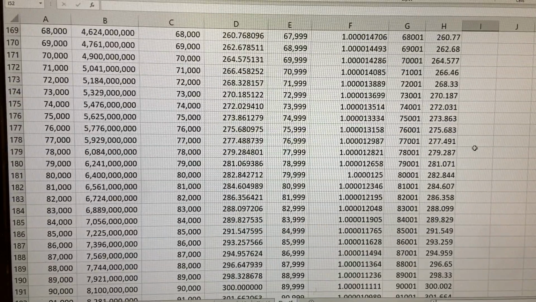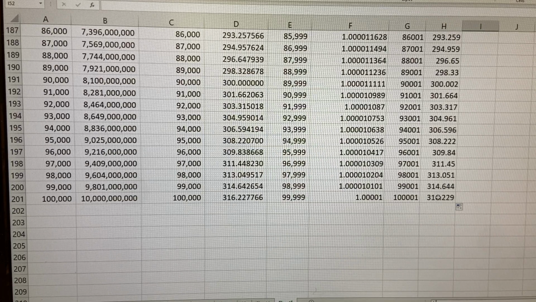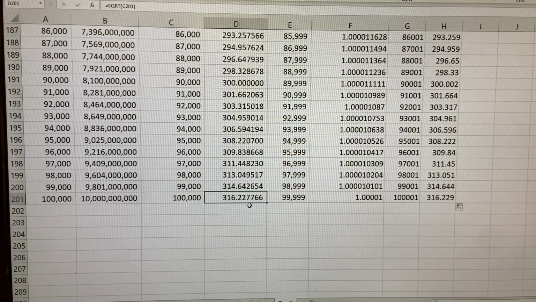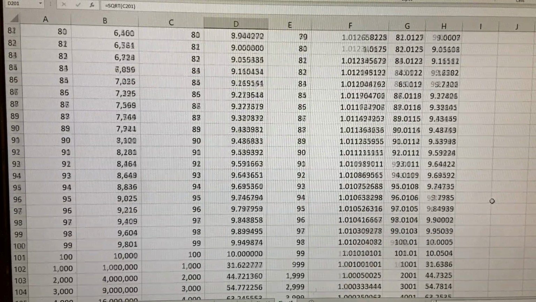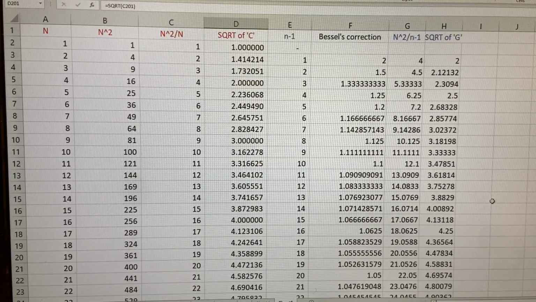If we go down all the way to 100,000, this is 316.229, this is 316.22. So the first two decimal places are the same. Again, I'm not arguing about scientific accuracy, I'm just showing you how math works and how Bessel's correction works.